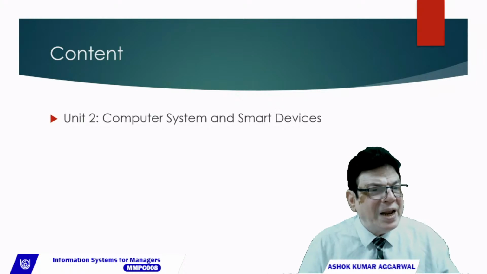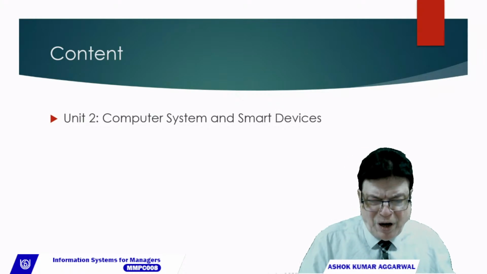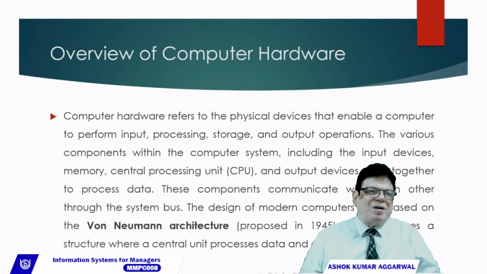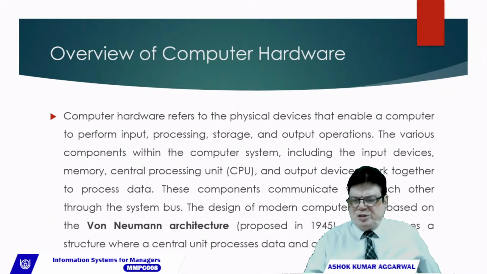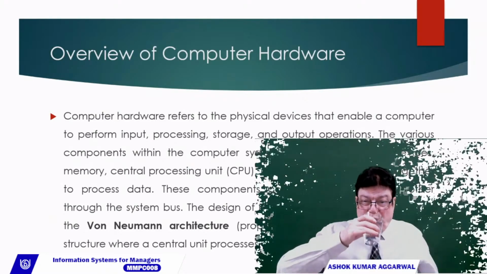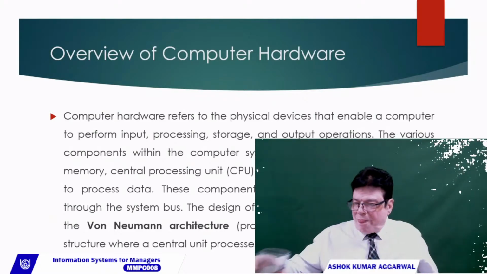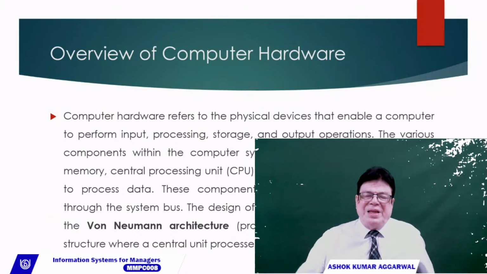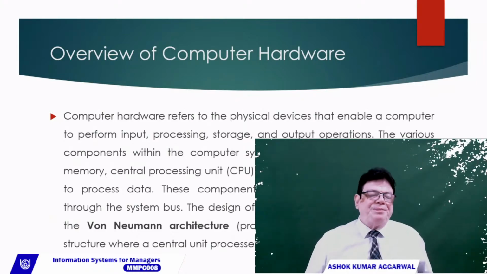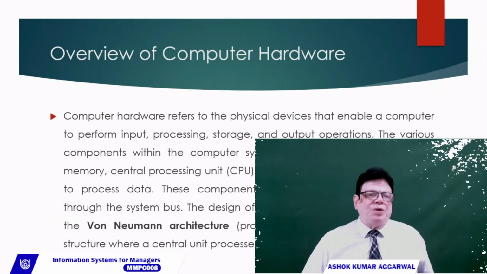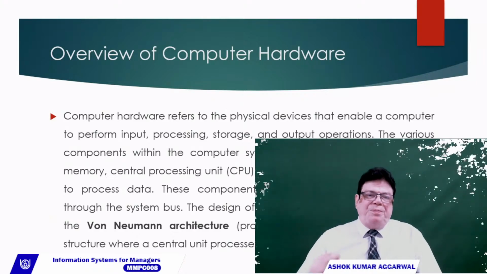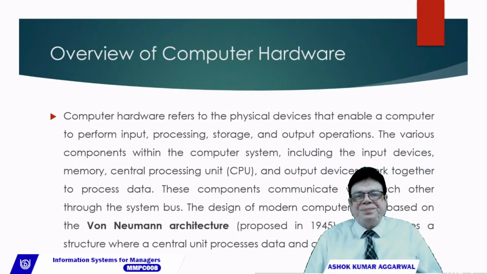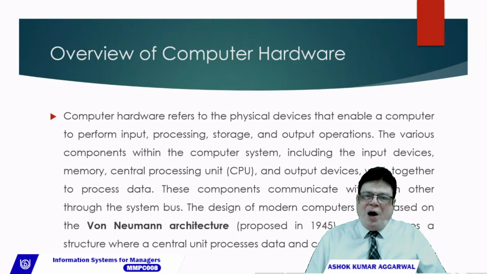Now we come to the slide: computer system and smart devices. Computer hardware refers to the physical devices that enable a computer to perform input, processing, storage, and output operations.